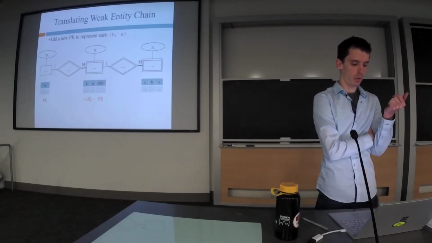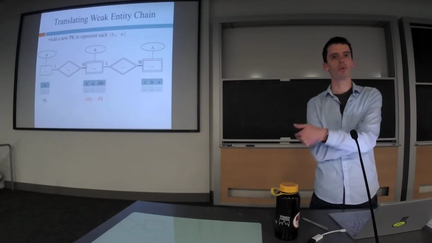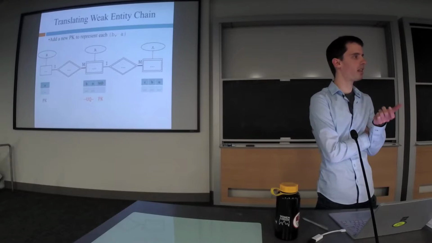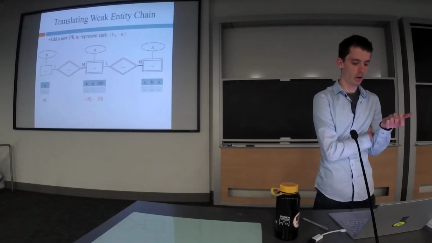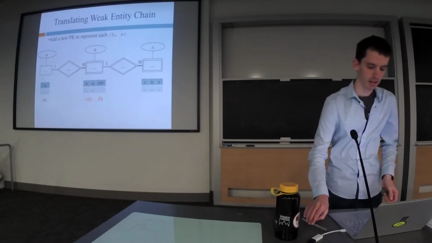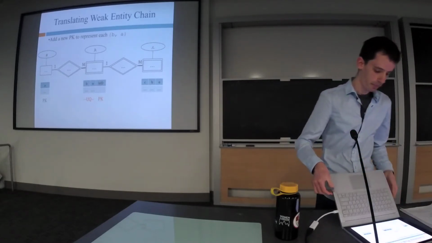Okay, so then what do we do if we go further down the chain? The whole reason I did this was so that I don't have to pull in B and A over there on the far right entity.